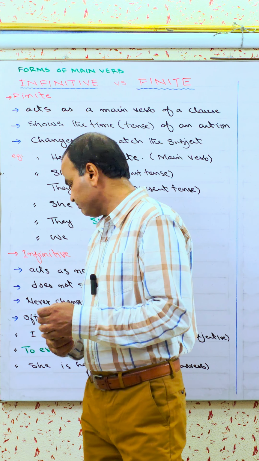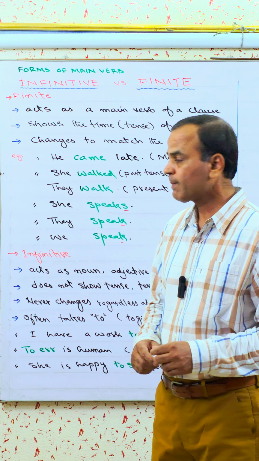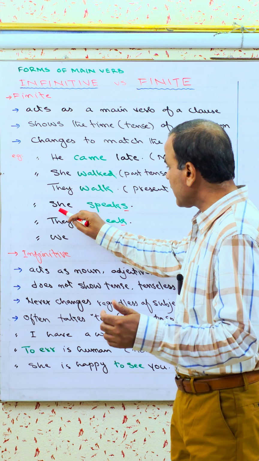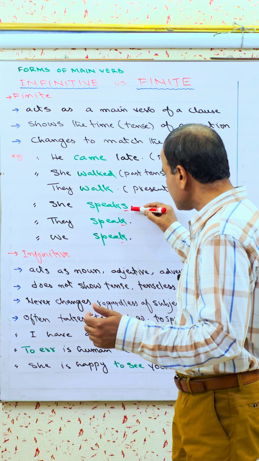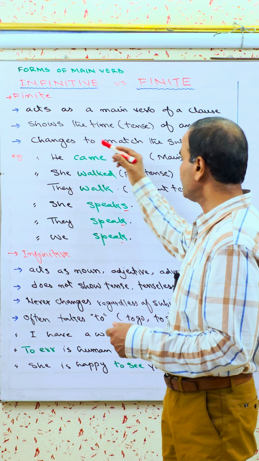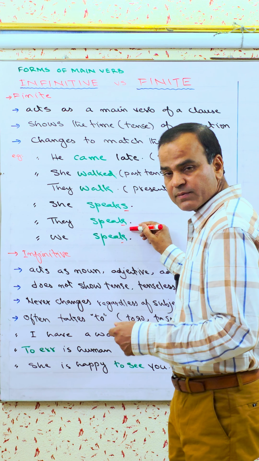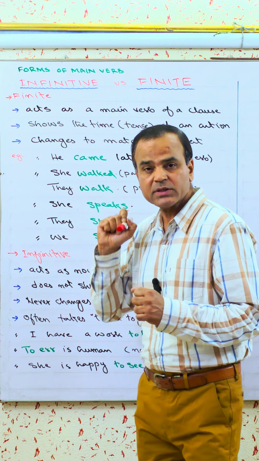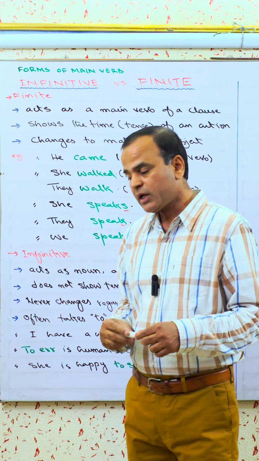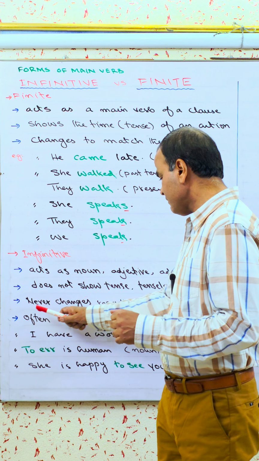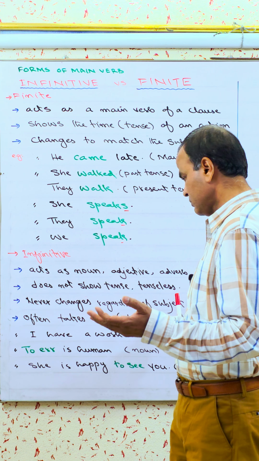Number three, it never changes regardless of the subject. As here we are using she speaks, changing the main verb, the finite verb, adding s, and we are removing s because we have to match it with the subject. This is not the case with the infinitive. It never changes regardless of the subject.